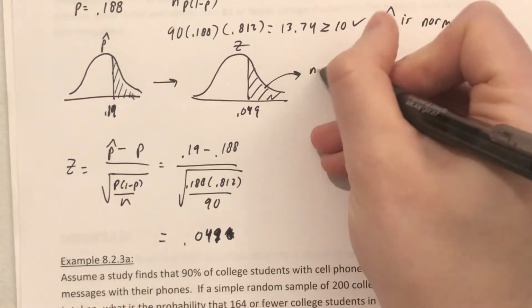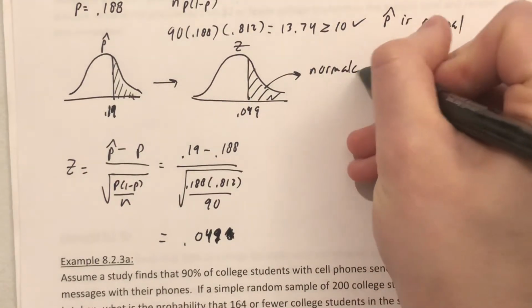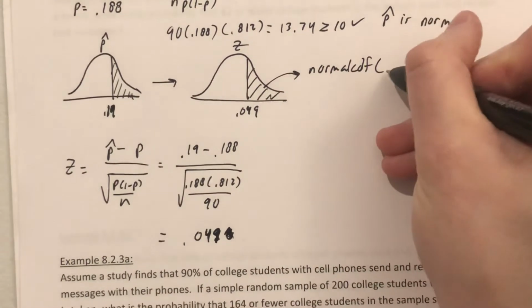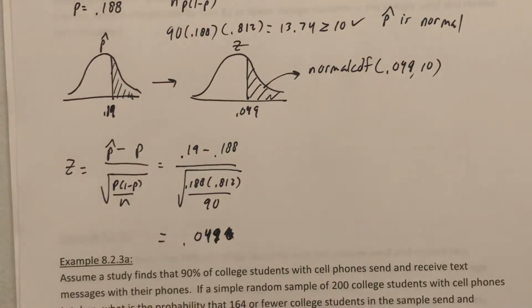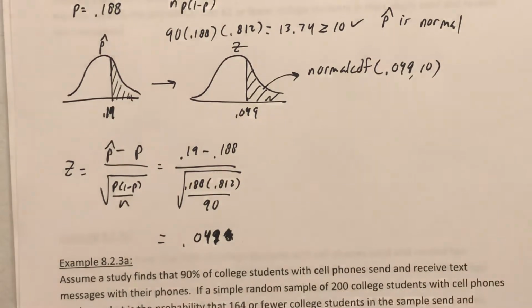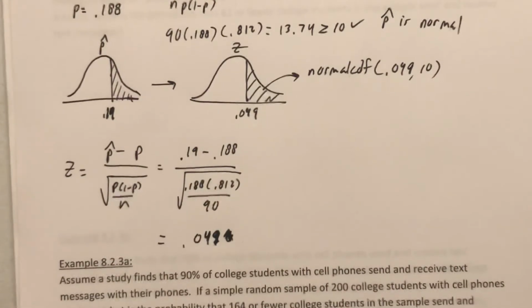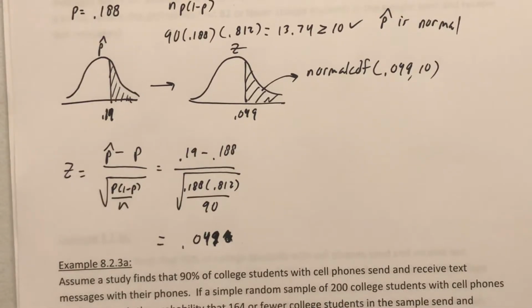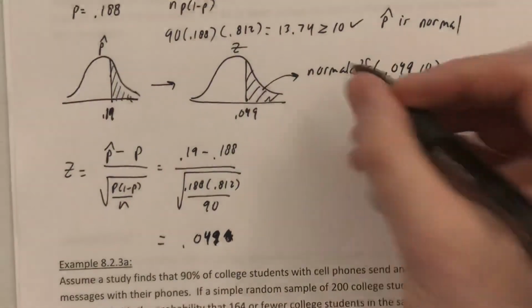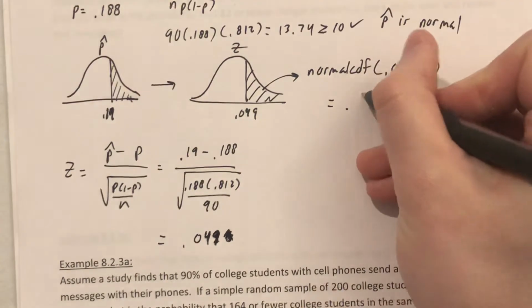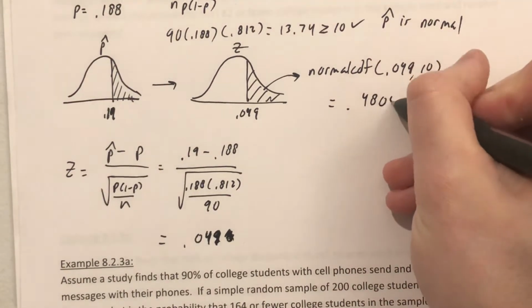Now we will find the area, normal CDF of 0.049, and since we're going off to the right, we'll say to 100, or 10, whichever. Normal CDF. So this part is completely the same as we saw back in 8.1, or even in chapter 7, finding the area with the z-score, getting 0.4805.